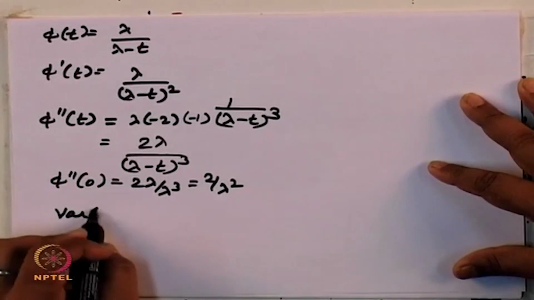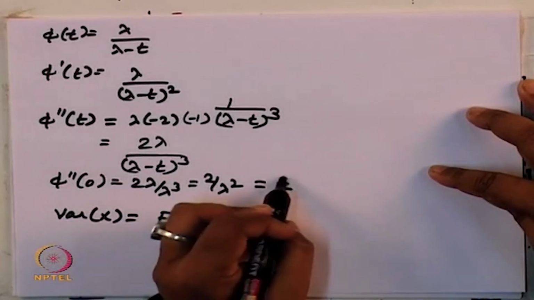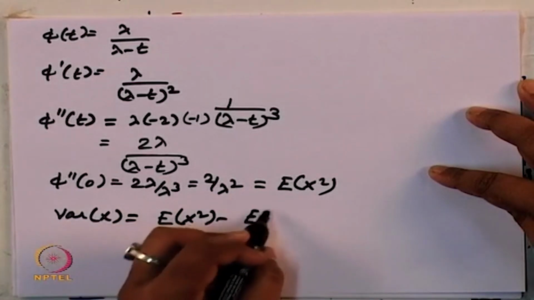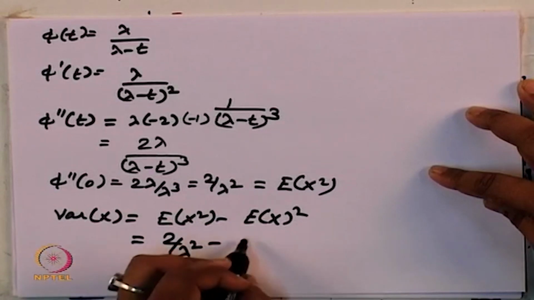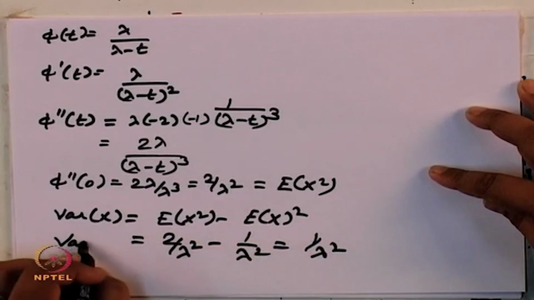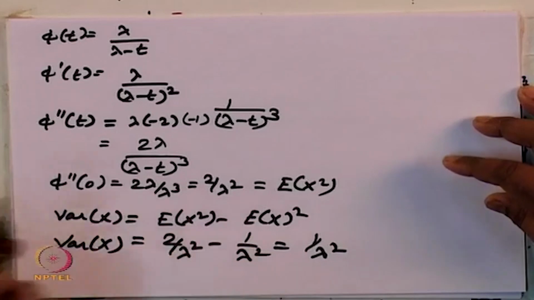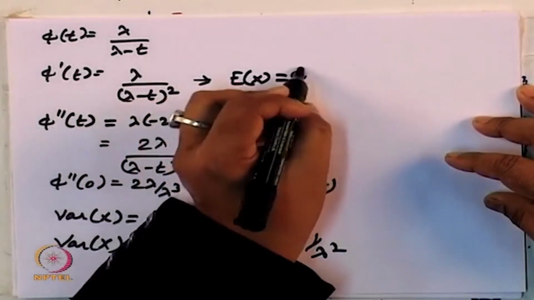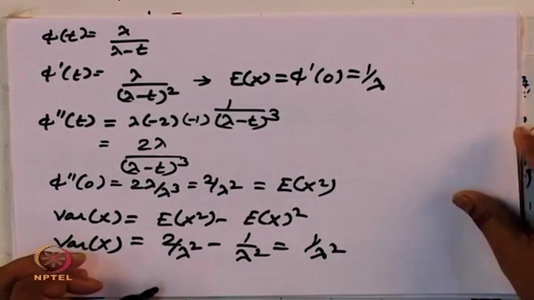So, the variance of X will give you E of X square minus (E of X) whole square, equal to 2 by lambda square minus 1 by lambda square, which is equal to 1 by lambda square. Okay. So, the variance of X gives you 1 by lambda square, and the expectation of X equals phi prime of 0, which is equal to 1 by lambda.